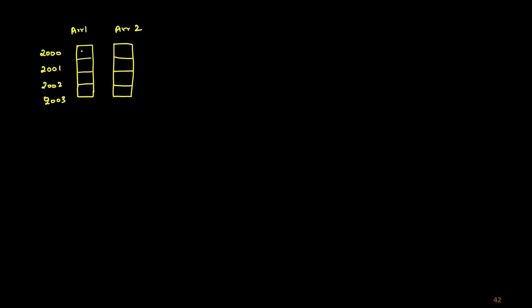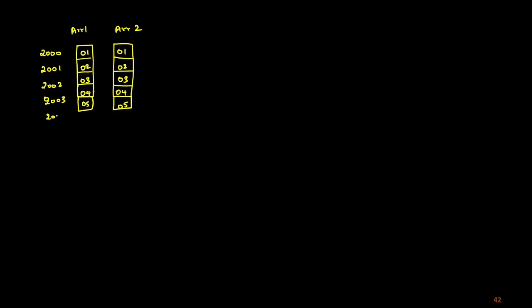Assume that the elements here are 01, 02, 03 and 04. Assume that one more element is there, 05. So I can take one more element here also. For easy understanding, I will keep the same elements here also. After that it is going to be 04, after that 05.